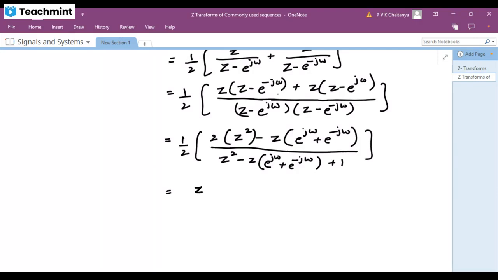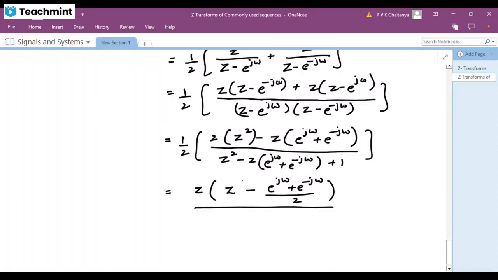If I take z common, z into z will be there, 2 gets cancelled, minus z common, e power j omega plus e power minus j omega by 2, divided by, as in our previous one, z square minus 2z into e power j omega plus e power minus j omega by 2, plus 1.